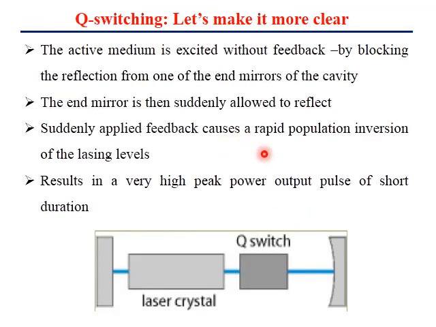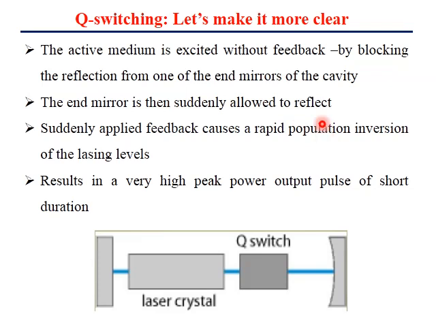You see, the active medium is excited without feedback. How? By blocking the reflection from one of the mirrors of the cavity. The Q switch is basically blocking the reflection from one of these mirrors. We have two mirrors, one highly reflecting and another partially reflecting, and this is stopping the feedback. Now the mirror is suddenly allowed to reflect.